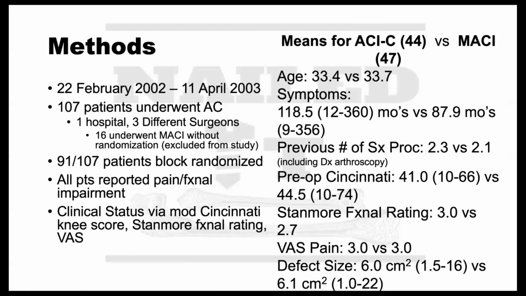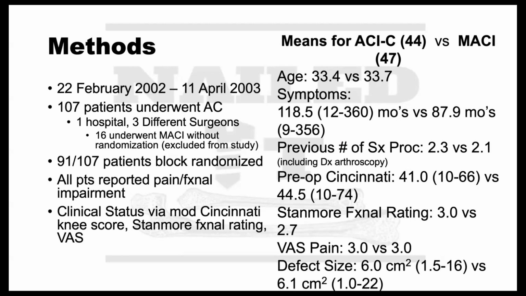They had about 107 patients with 3 different surgeons, all at the same hospital. 16 of them ended up going and having MACI done, so they had 91 block randomized. They had functional impairment scores pre and post-op, as well as pain scores pre and post-op. The mean age was pretty similar for both groups, with 44 in the ACC group and 47 in the MACI group.